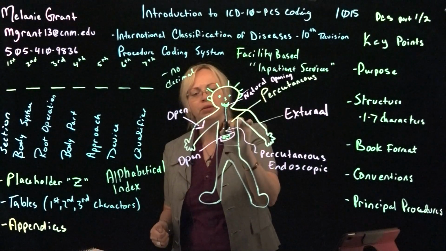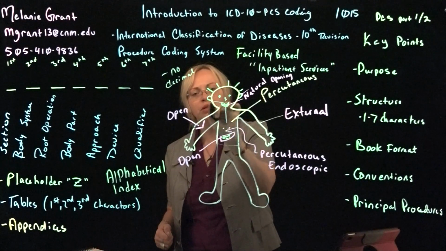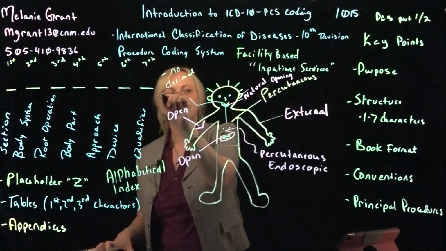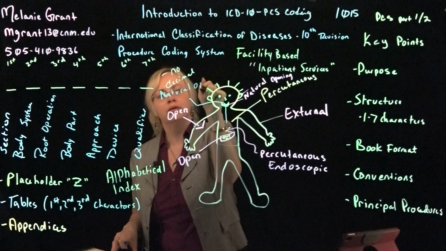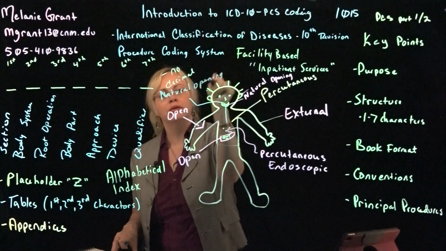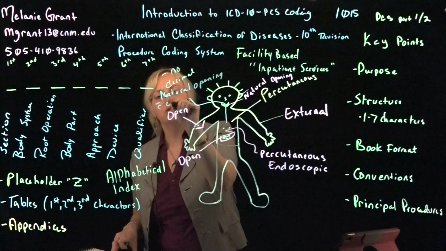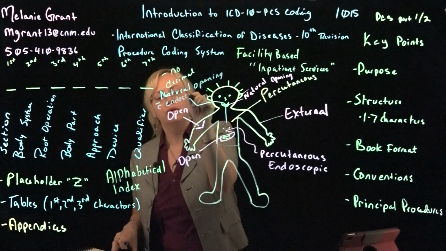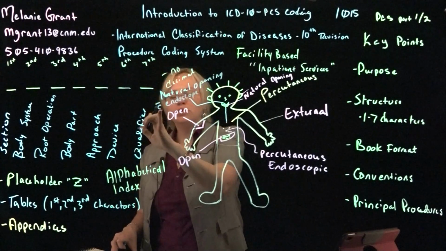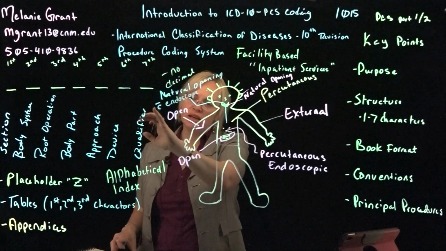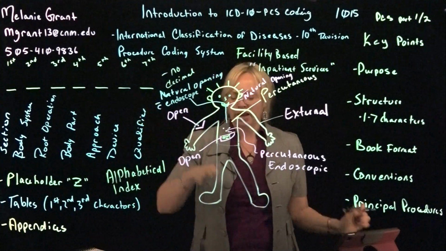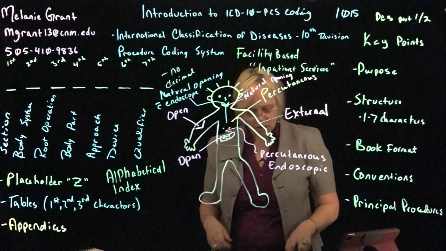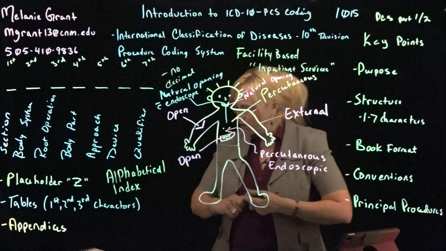If, however, we go down the throat with the use of a scope, then this is going to be natural opening with endoscope. And here I've used a common symbol in medical documentation for the term with, which is a C with a line above it. This is a common abbreviation for the term with.